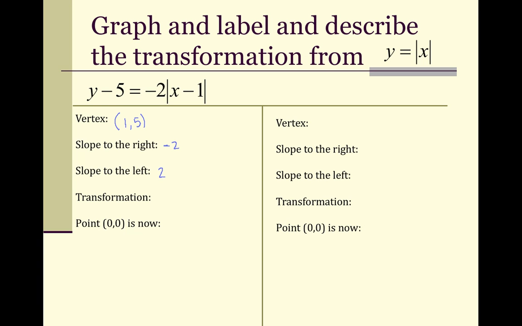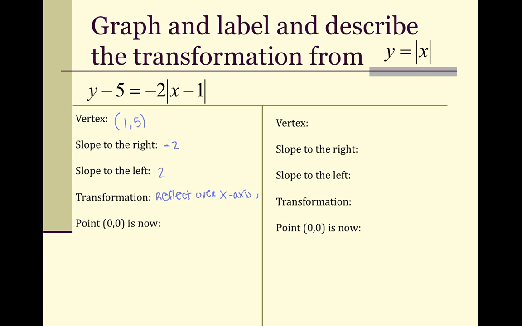My transformations, it's going to do a few things. That negative is going to make it reflect over the x-axis. That 2 is going to make it become steeper, right? We can think about it like that. We did this with linear equations, right?